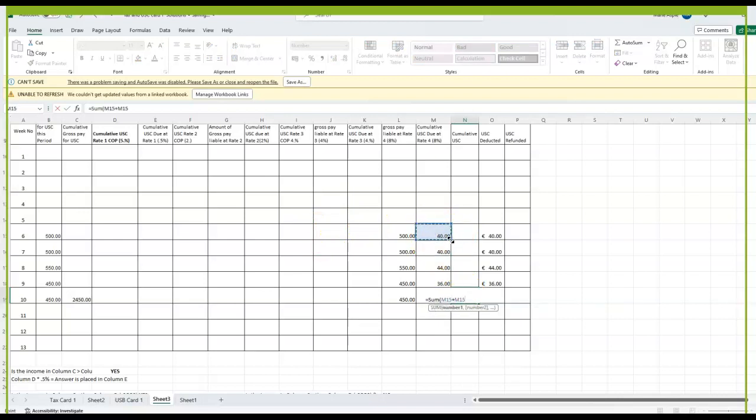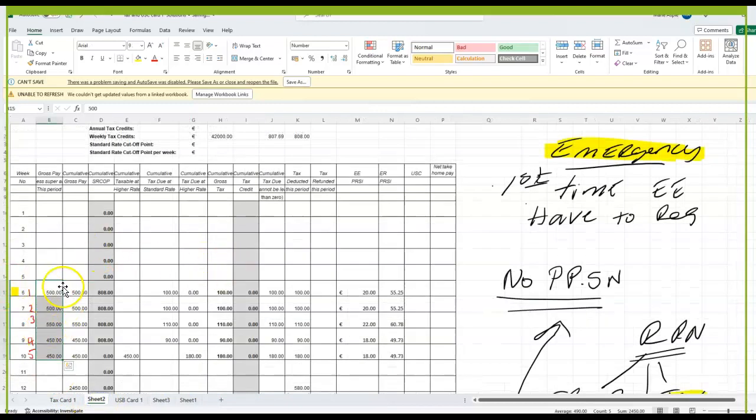We're going to do a sum right to the end. Close off the brackets. That's not going to calculate right for me. There we go. So €160. I'll calculate it, and then I can continue to do the next week and do a comparison. So very, very different rules for USC and tax in relation to emergency.